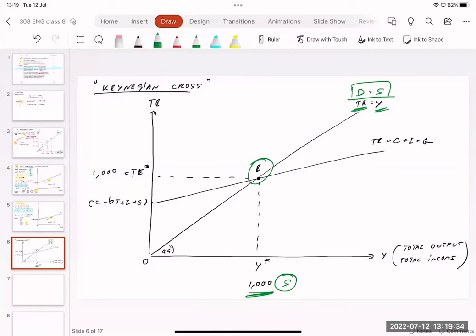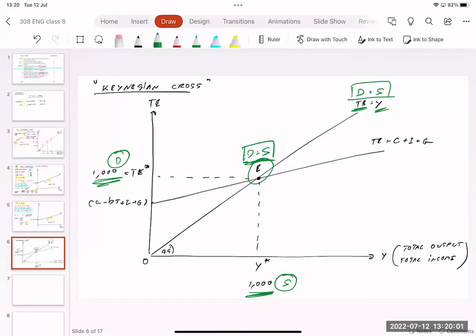On the vertical, total expenditure is also equal to 1,000. This is like demand. So the equilibrium point represents demand equal to supply. So far so good. The total output always equals total expenditure. No more, no less.